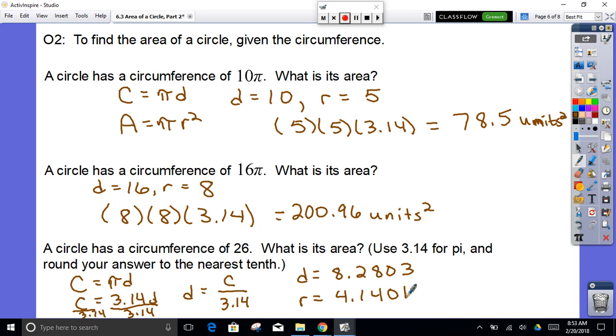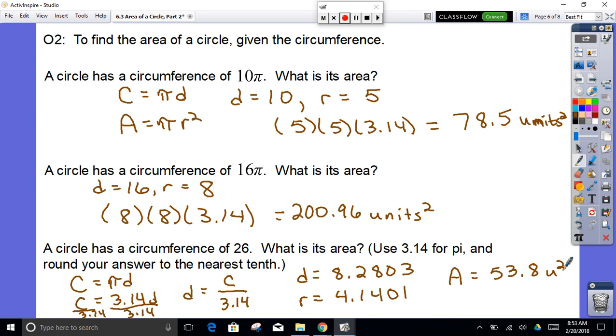Do 4.1401 times 4.1401. Okay. And then times pi. Good. So I'm going to square this and then multiply times pi, and I get area equals 53.8. I'll just put units squared.